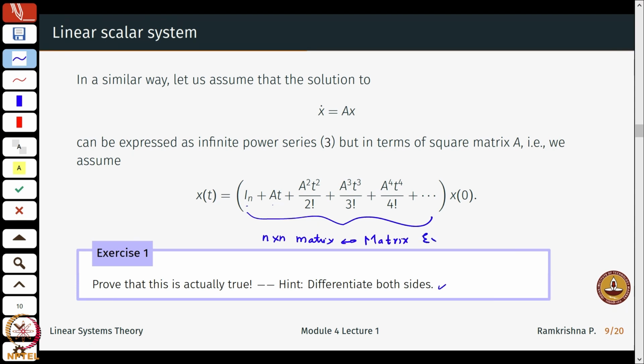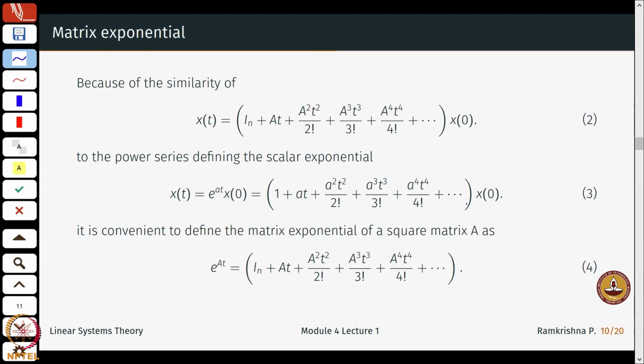So, we can call this the matrix exponential, or also I can write this as e power a t in the similar way as I had e power a t where a was a scalar, and now I have e with a matrix on top, e power a t, and then of course the initial conditions here. That is just rewriting this again, starting from a scalar differential equation to a vector differential equation.